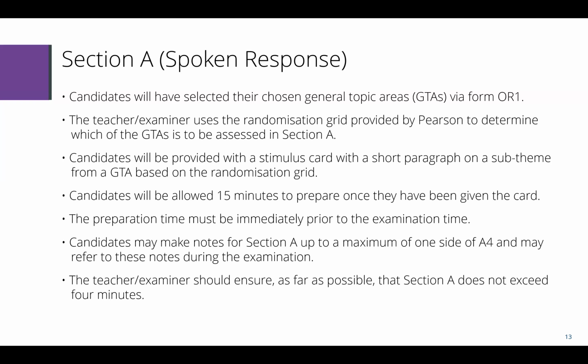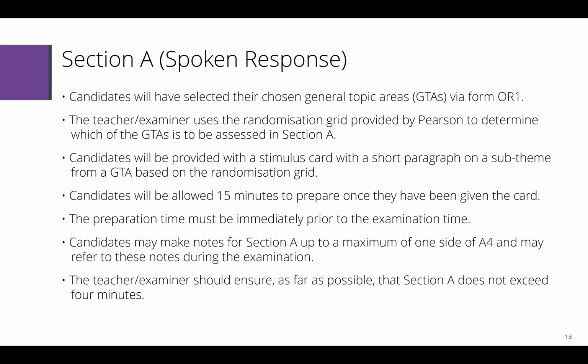So you can see it says that they will be provided with the stimulus card, which has a short paragraph on one of the sub-themes of the general topic area. In the case that we're saying, it was education and employment. Now, focusing on candidate number 1, that candidate will not know which of the two general topic areas he or she will be examined on until the start of the preparation.